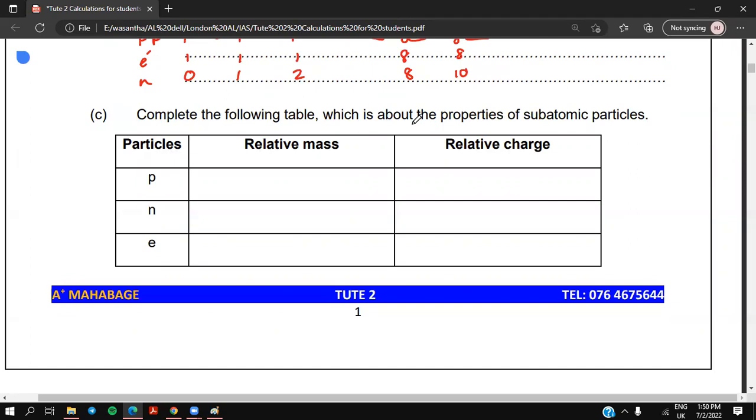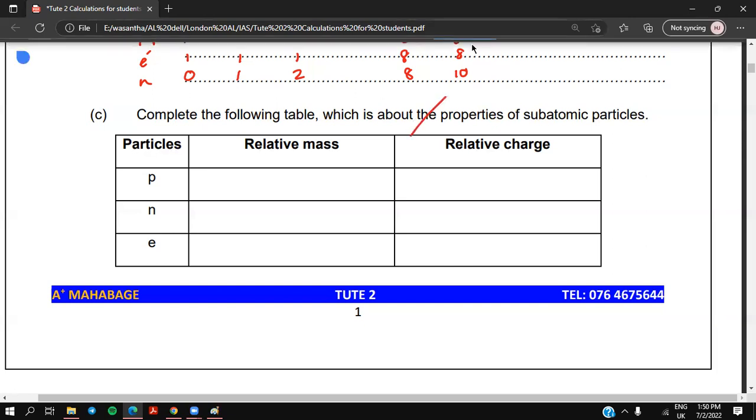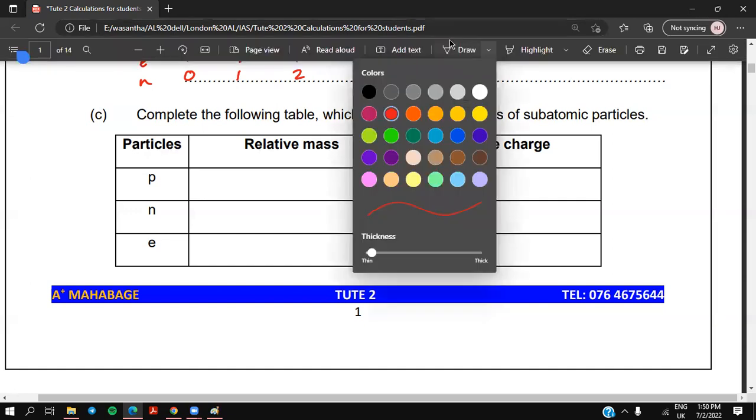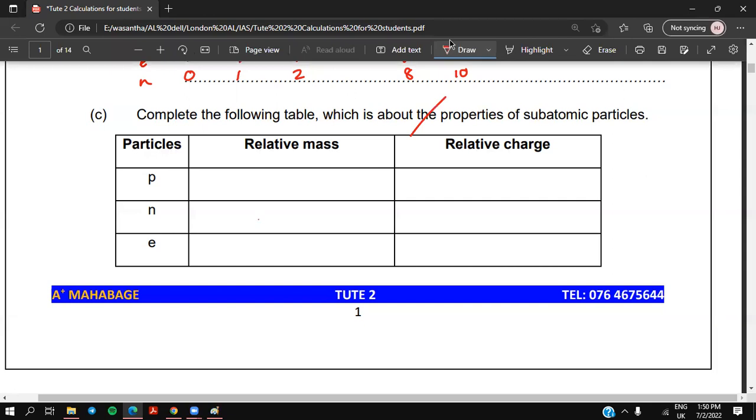Shall we see whether you have got the answers correctly? Particle. If you want, you can write the name also. Protons. Neutrons. Electrons.